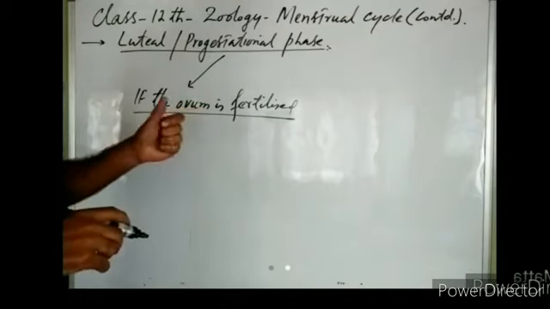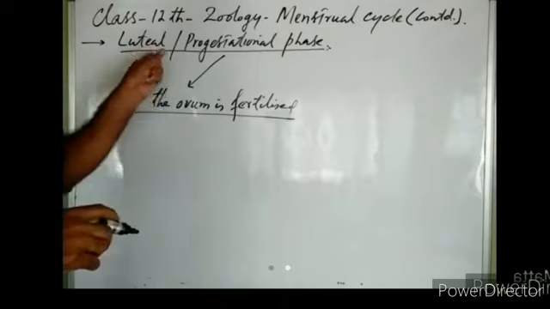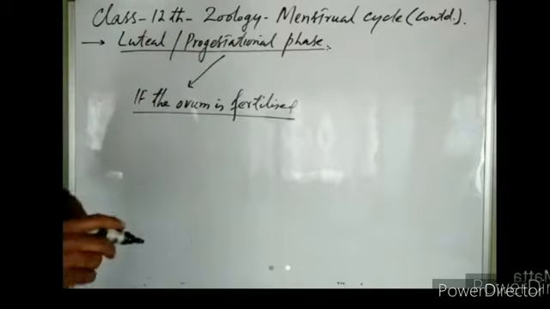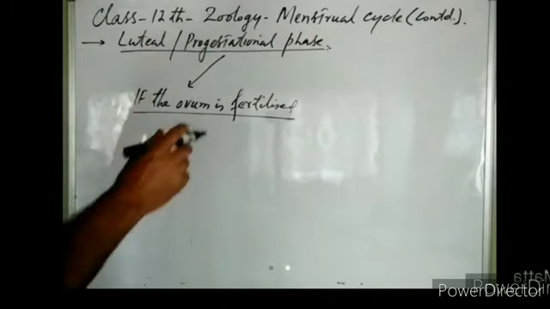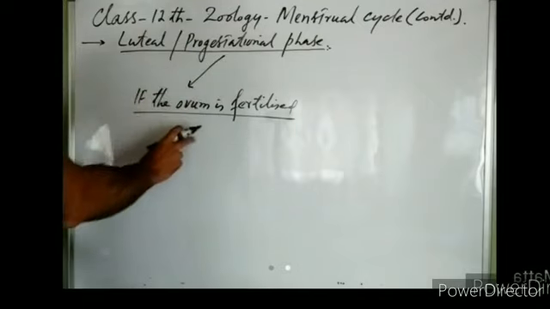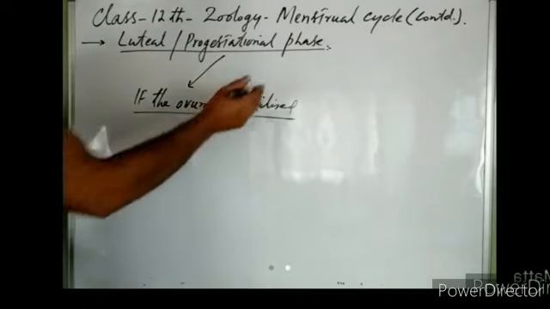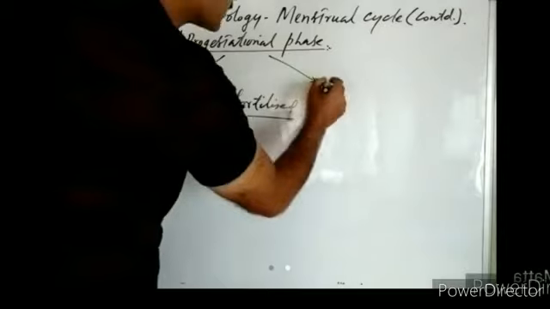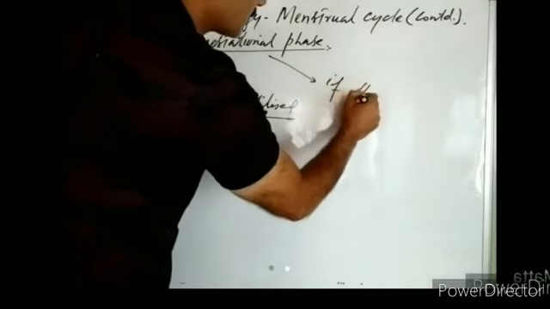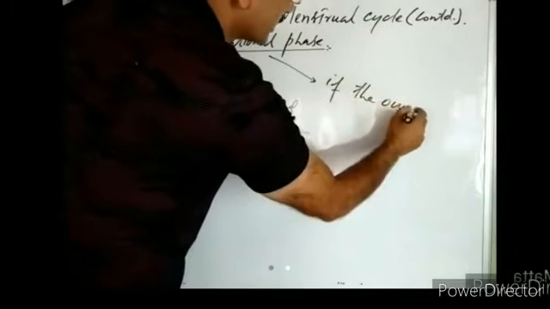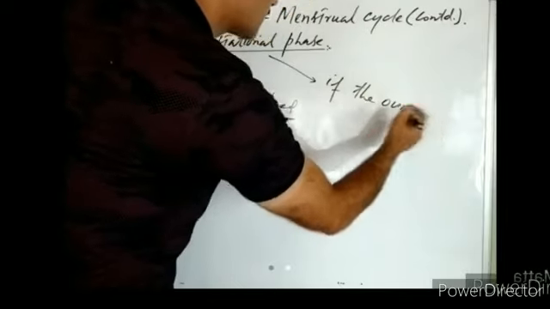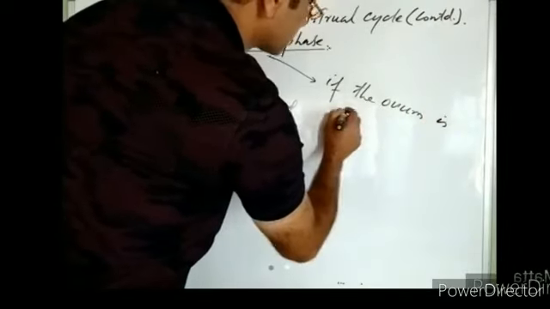Now that ovum is still surviving in the luteal phase or progestational phase. Now, if the ovum gets fertilized, then what will happen? And if the ovum is not fertilized, then what will happen? So, there are two conditions: if the ovum is fertilized and if the ovum is not fertilized.